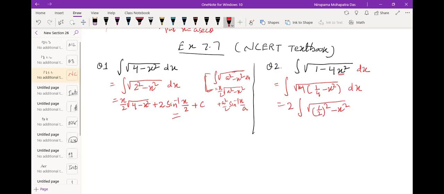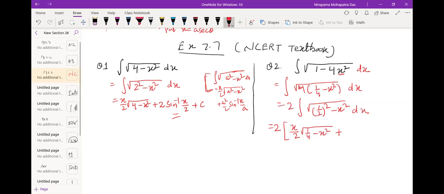So again it is in the form of under root a square minus x square. So it's 2 into x by 2 into under root 1 by 4 minus x square, plus a square by 2.